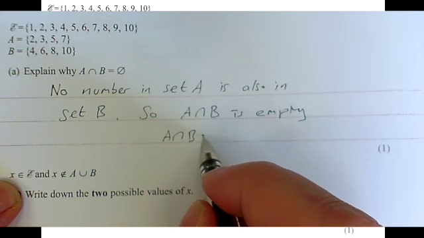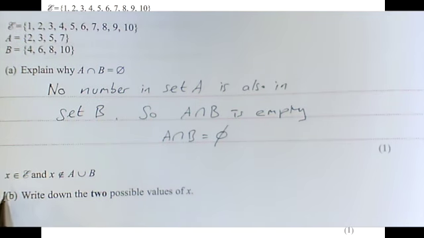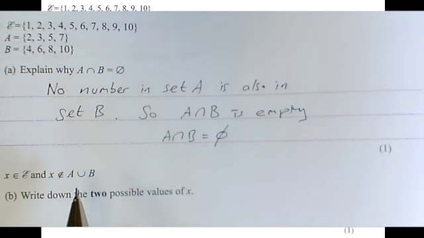Now look, the universal set says that there's 10 numbers in the world, and there are two numbers that are not in A or B. I think you can see that 1 and 9 are not represented in A or B. So they're the two numbers that are neither in A nor in B. That funny symbol with a line through it means what number does not belong to A or B.